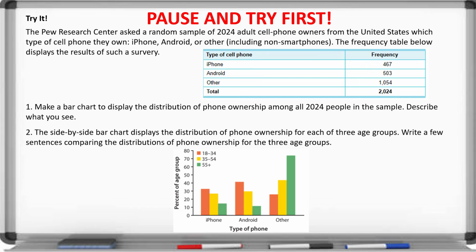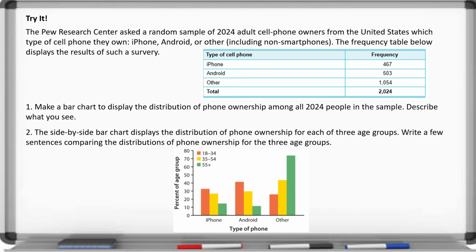So go ahead and pause the video and try the following problem as it relates to graphs. Alright, the Pew Research Center asked a random sample of 2024 adult cell phone owners from the United States which type of cell phone they own: iPhone, Android, or other, including non-smartphones.